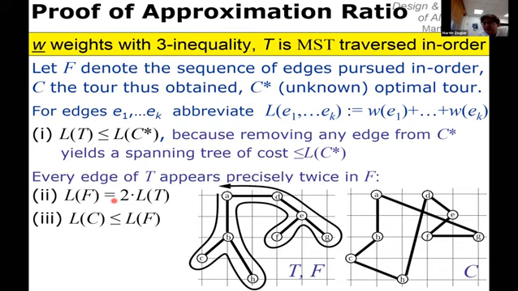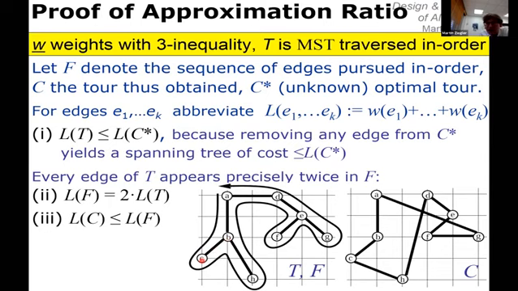And this is really where the triangle inequality comes in, as we've already mentioned. So for instance, the difference between this F and C here is that in F one would go from A to B, and that's also how the algorithm would output it in the tour C. Then from B to C, that's again the same for both, for capital F and capital C. But now comes a difference.